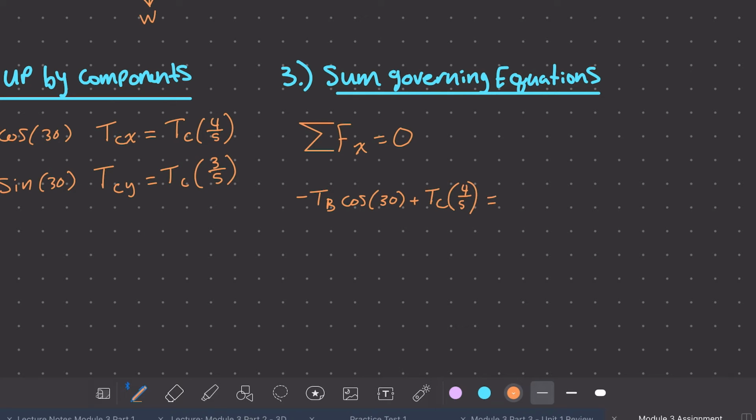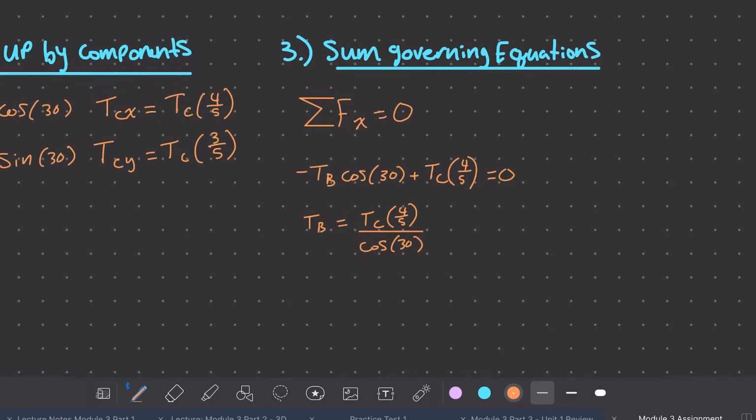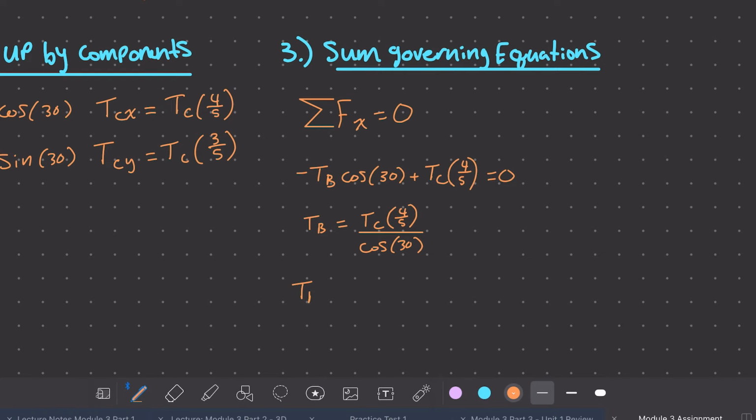Let's set that equal to 0. And that gives us TB is equal to TC times 4 over 5 divided by cosine of 30. And that gives us TB is equal to TC times 0.9238.